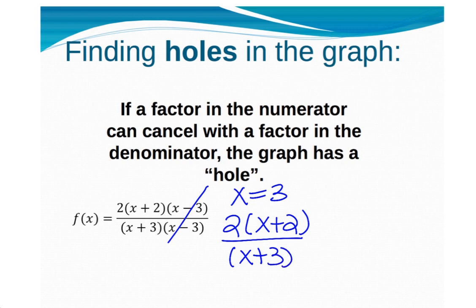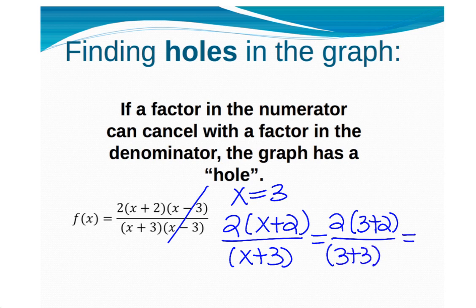And 3 is going to be our input, so we're going to plug that in. So we have 2 times 3 plus 2 divided by 3 plus 3. When we simplify this, we have 2 times 5, which gives us 10 over 6.